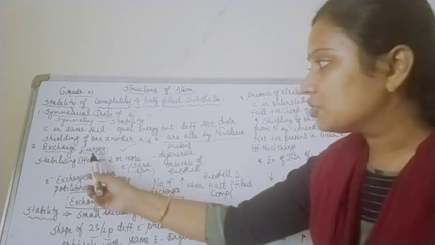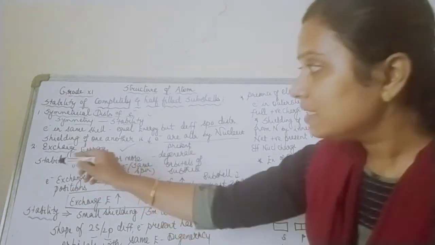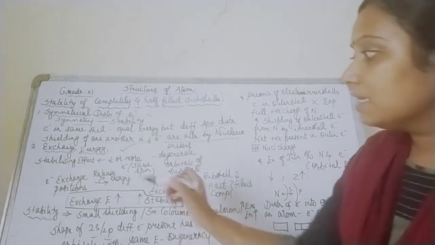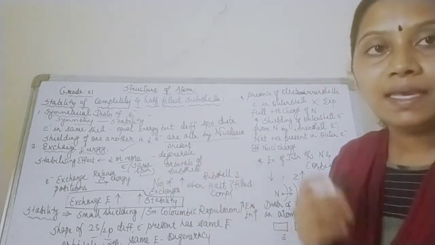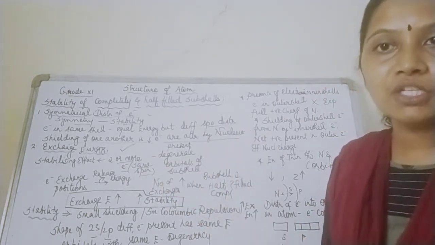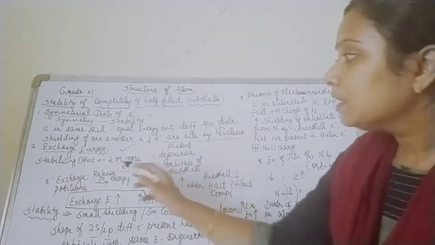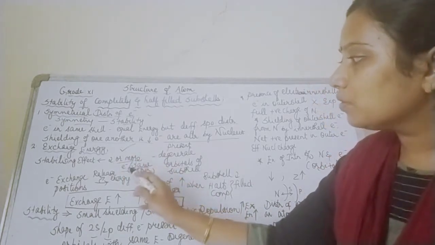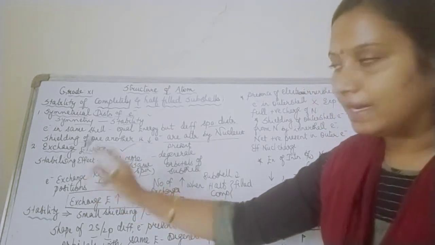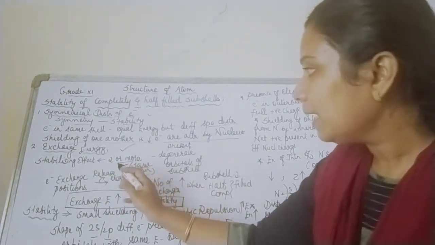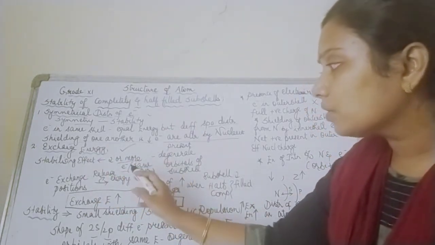And what is exchange energy? A stabilizing effect arises when I have two or more electrons which have the same spin, either rotating in the clockwise direction or in the anti-clockwise direction. So when two or more electrons have the same spin, then a stabilizing effect arises.